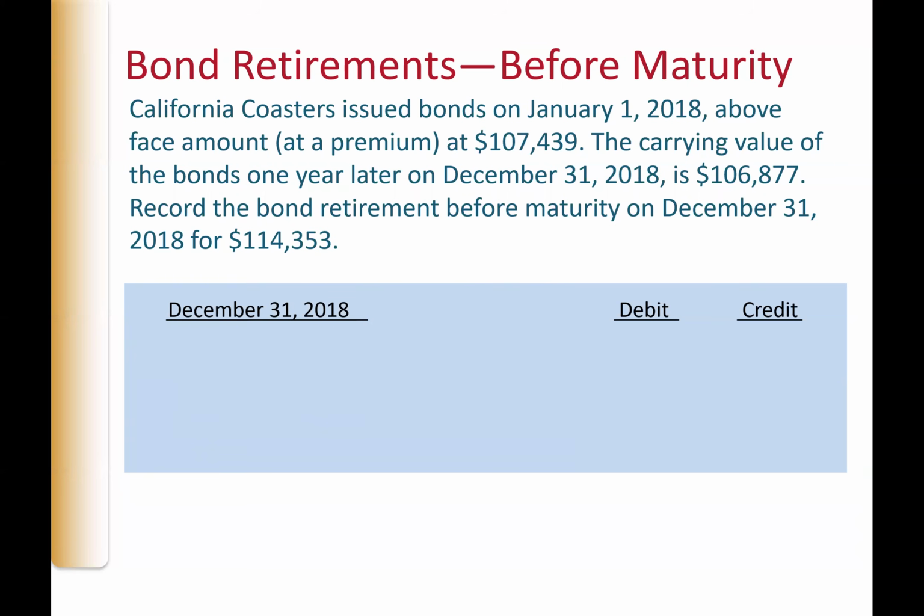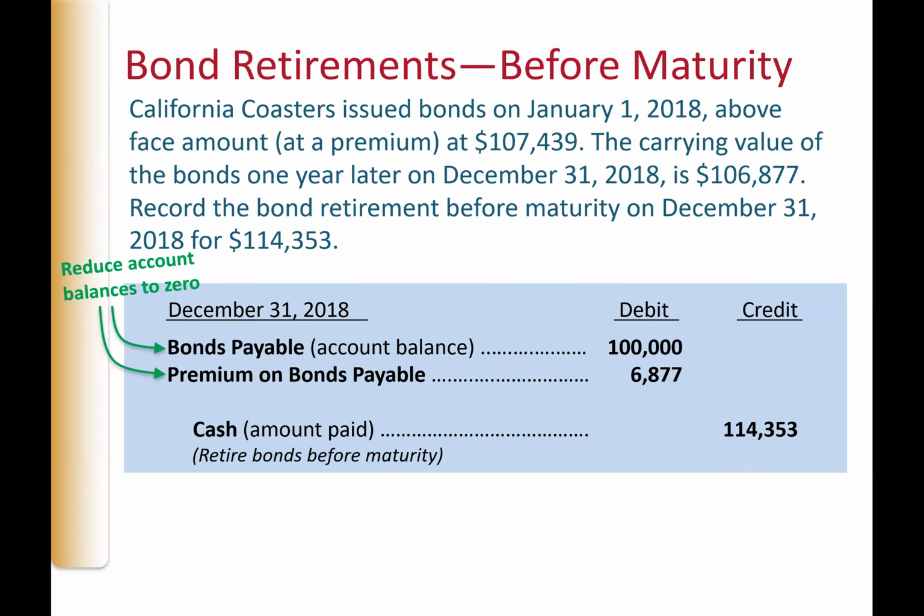We're showing that the bonds retired before maturity when the bonds had a carrying value of $106,877, and they retired for $114,353. So the cash that was paid out is the $114,353.